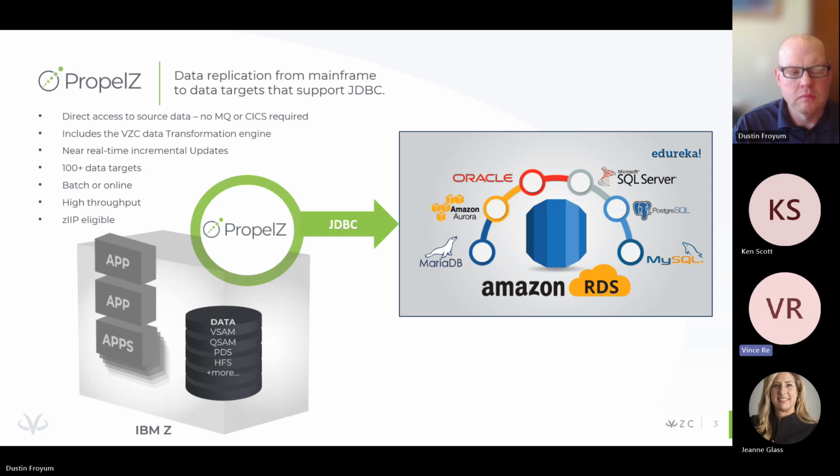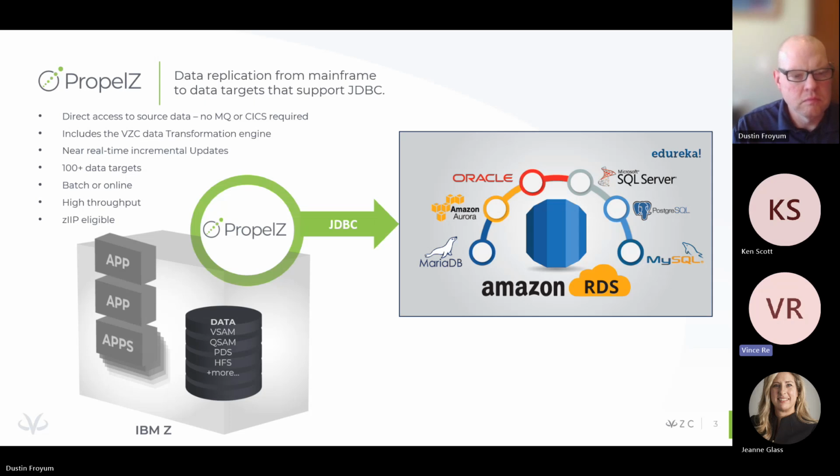In our case, we go straight to the target database and skip all of that intermediate node stuff. So it's fast. It's a single pass through the data. It doesn't require reading the data once on the mainframe, writing it somewhere else, reading it again to process it, and writing it again. It's one single pass through the data.